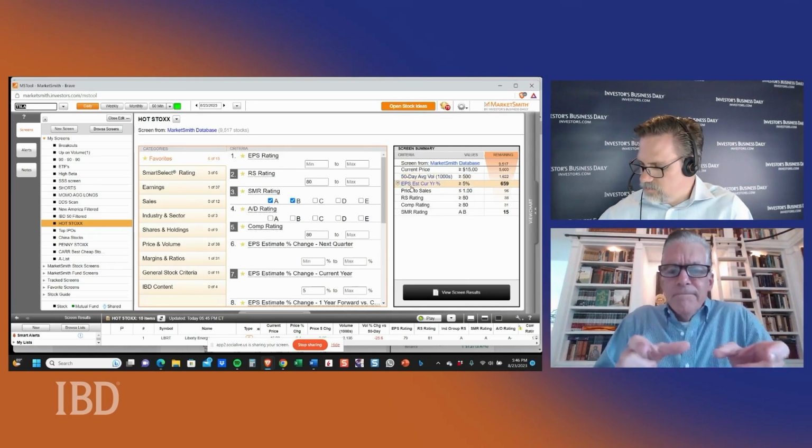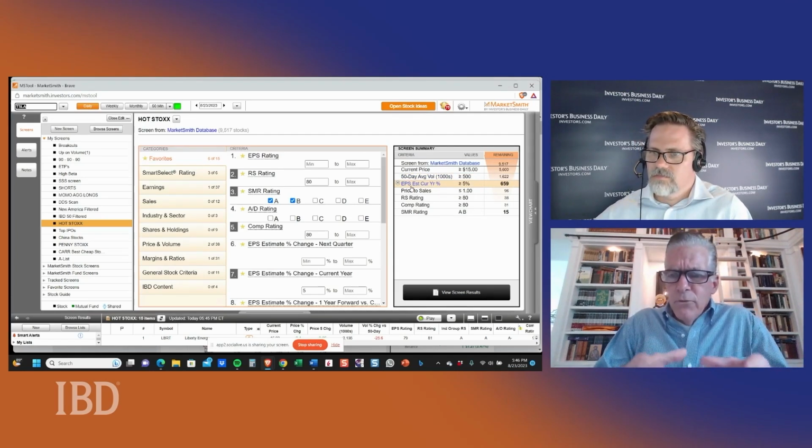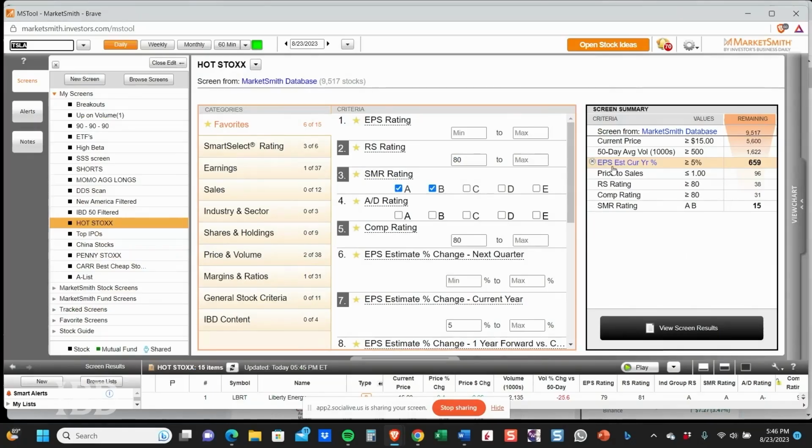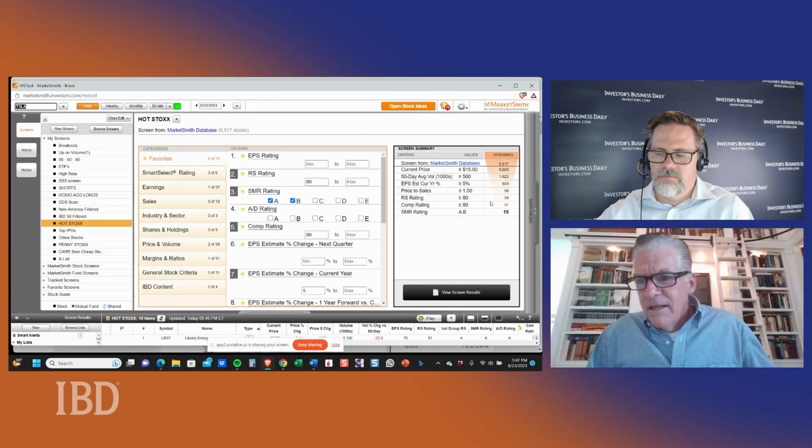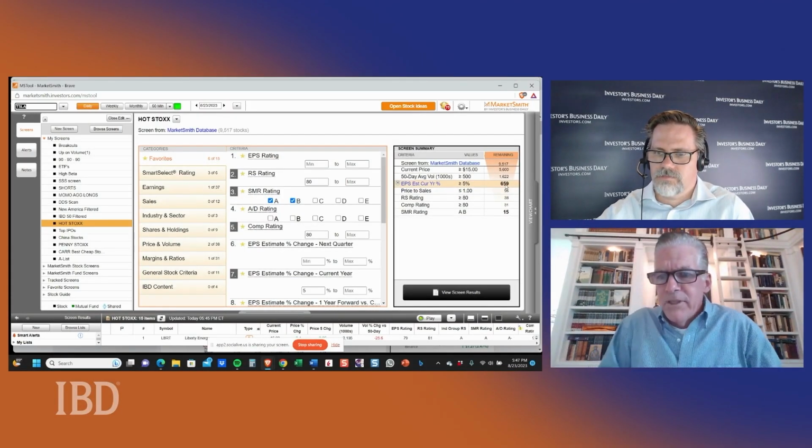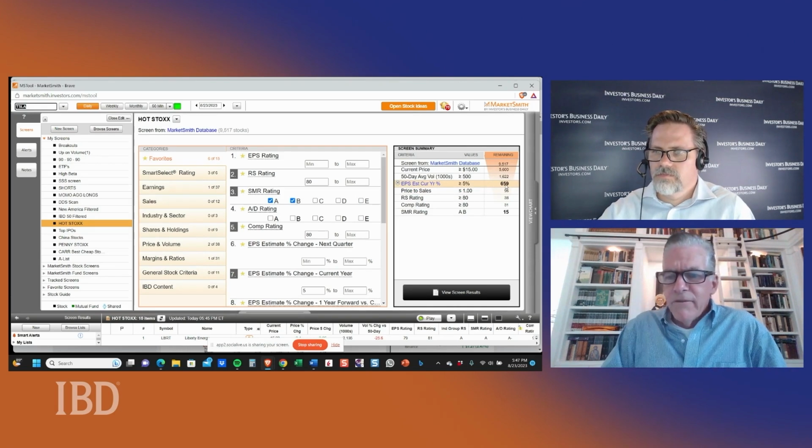For the real growth measurement here, we're using EPS estimate for the current year on a percentage basis, having increased at least 5%. You're going to see that there were 1,600 stocks that passed through our filter before that. There are only 659 stocks that pass through that particular filter, so that knocks out quite a few of them.